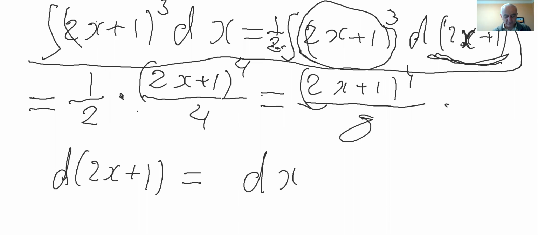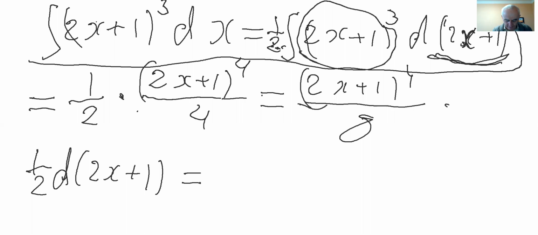But if I write a coefficient in front of dx, if I write 2, they will be equal. You can check. Let me explain in detail.